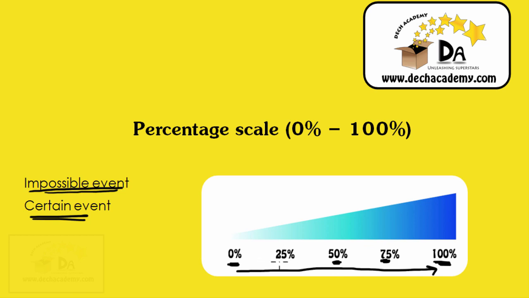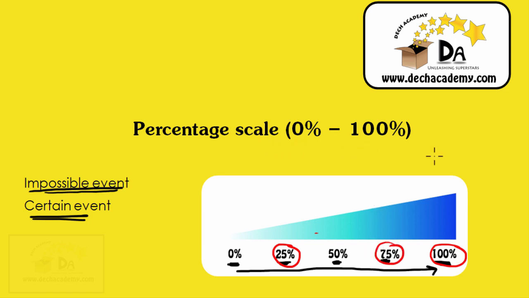If an event has a probability of 25% and another event has a probability of 100%, the event with the probability of 25% is less likely to occur than the event with a probability of 100%. In fact, the event with a probability of 100% will definitely occur. The event with a probability of 25% may occur, but has a lower chance of occurring than an event with a probability of 100% or an event with a probability of 75%. So that's the main idea.